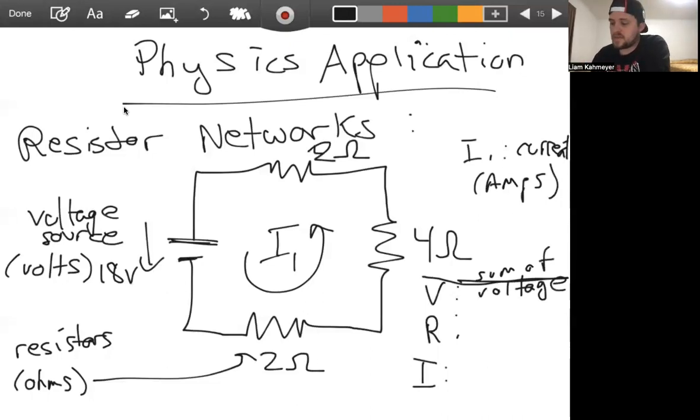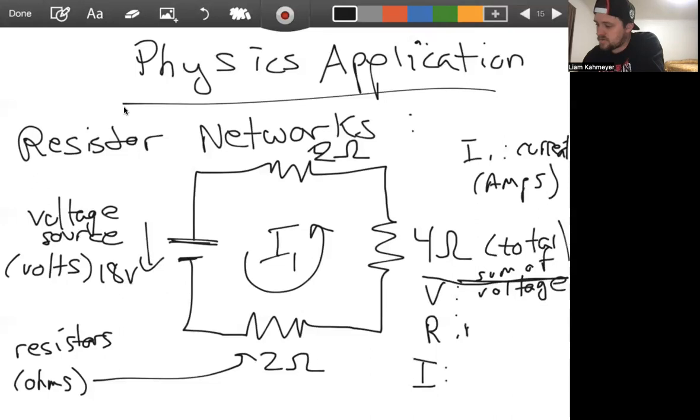Here in this example, I only have one voltage source, so really the voltage is just whatever that is reading. But I have 3 resistors, and this capital R is going to denote the sum, or total, of the resistance.